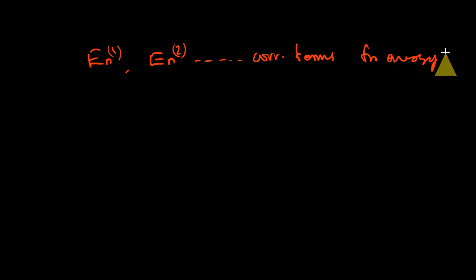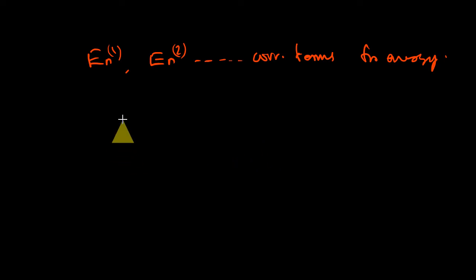Why is it called a correction term? Because for the unperturbed system there is some energy, and the energy of the perturbed system is different from that, and this correction term is added to the energy of the unperturbed system.